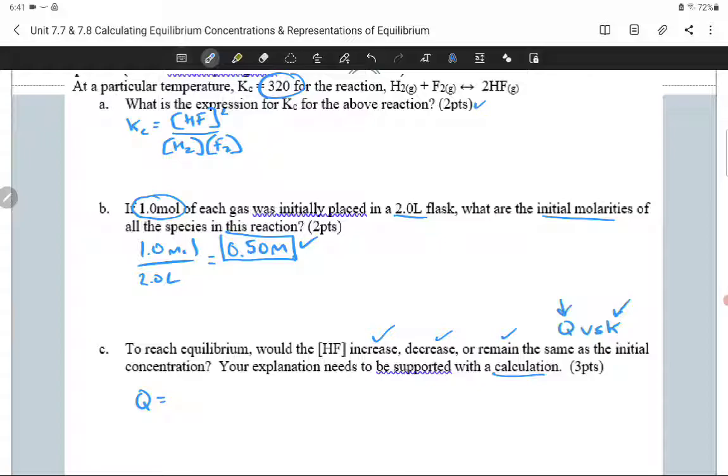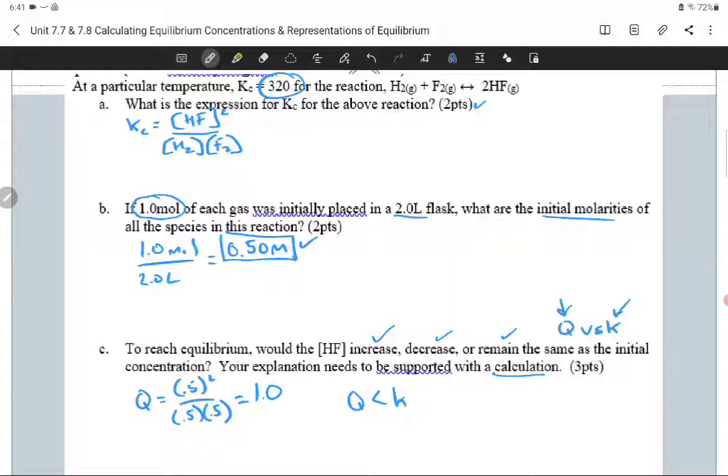Still the products, 0.5 squared on the bottom, 0.5 and 0.5. I think that's gonna be easy to calculate. Let's go with the sig figs too. So Q is 1. Q would be much smaller than K, or you could say K is much bigger than Q, whatever you want, because 320 is our K value.